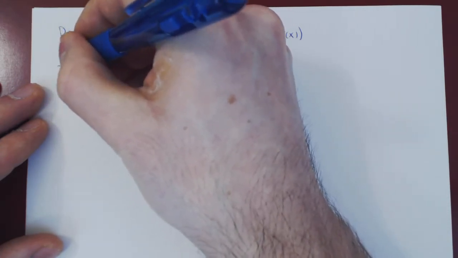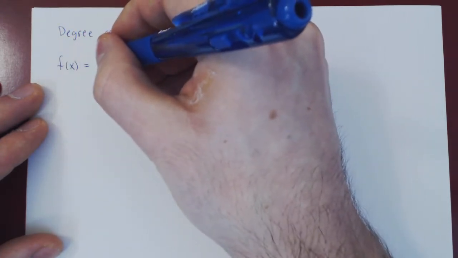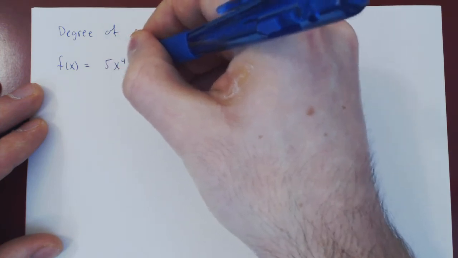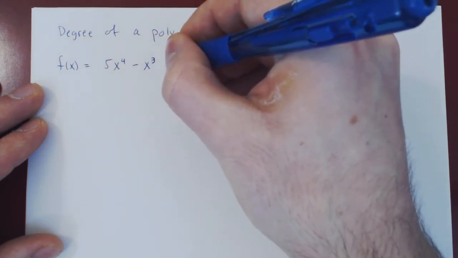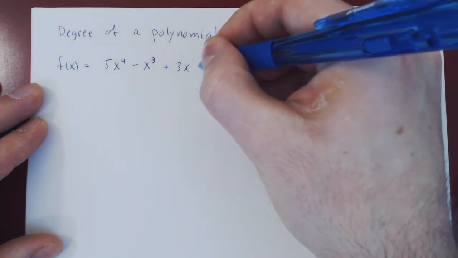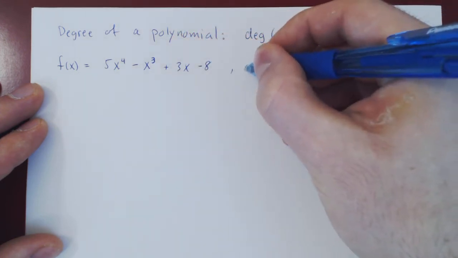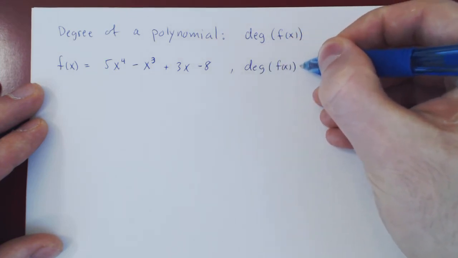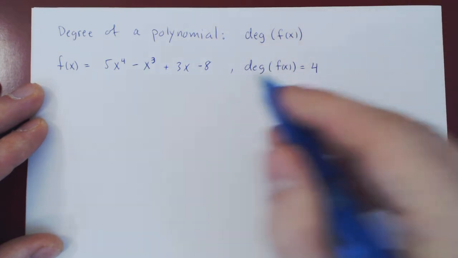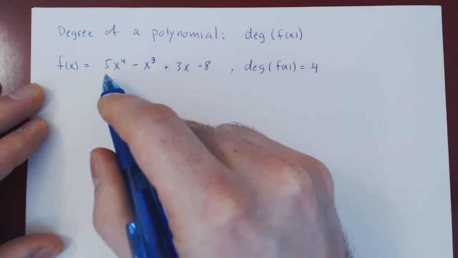If f of x, our polynomial, was equal to 5x to the 4 minus x cubed plus 3x minus 8, then the degree of f of x is equal to 4, as 4 is the largest power of x that shows up in the expression.